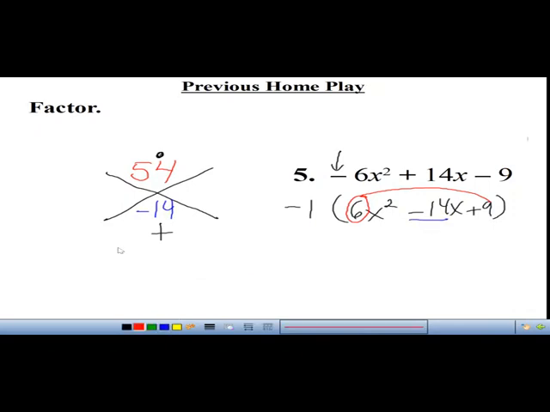Okay, so let's see. Factors of 54: 1 times 54, 2 times 27, 3 times 18, 6 times 9, and then they repeat. So question, can I add or subtract 1 and 54 to give me -14? No. Can I add or subtract 2 and 27 to give us -14? No. How about 3 and 18? No. How about 6 and 9?